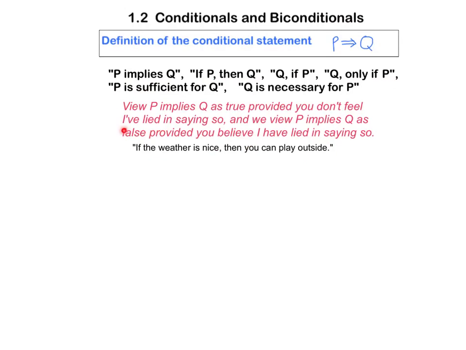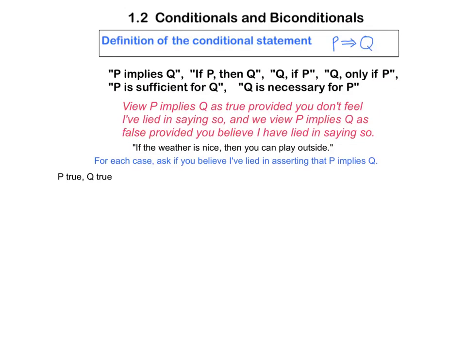Using this criterion for deciding on what we think should be the truth value of P implies Q, let's look at each of the four possible cases. For each case, ask if you believe I've lied in asserting that P implies Q. In other words, ask if you think I've lied in asserting that this is a true statement.